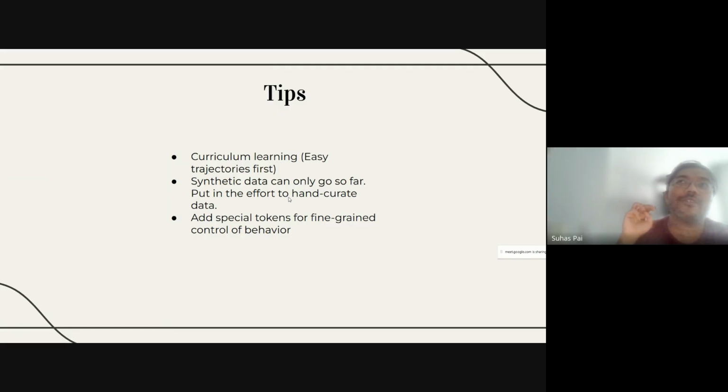One thing that I have always noticed for a very long time now is that every single hour you spend doing data annotation is worth more than an hour you spend on hyperparameter tuning. It's tempting to say I can just go and generate a lot of synthetic data and it's all good.